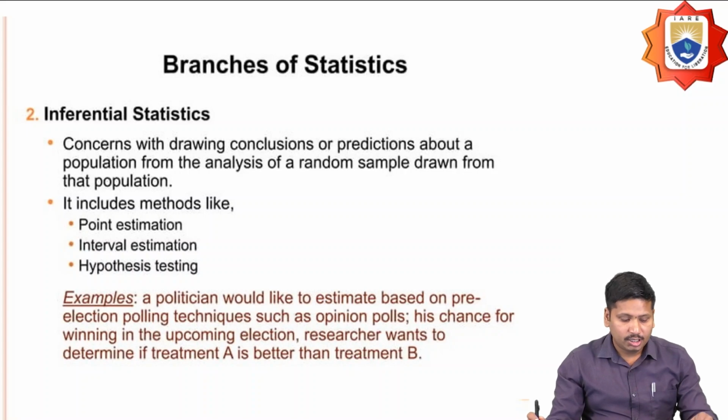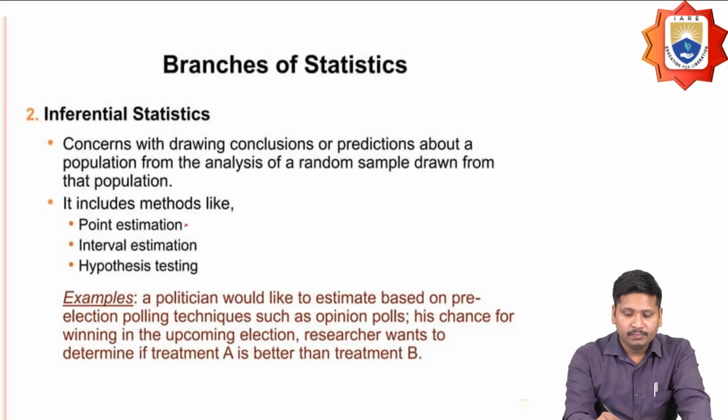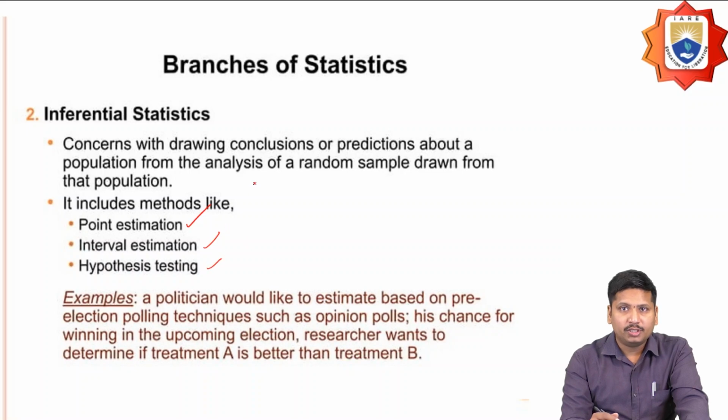Inferential statistics is mainly concerned with drawing conclusions and predictions about the population from the analysis of a random sample drawn from the population. It includes measures like point estimation, interval estimation, and hypothesis testing.